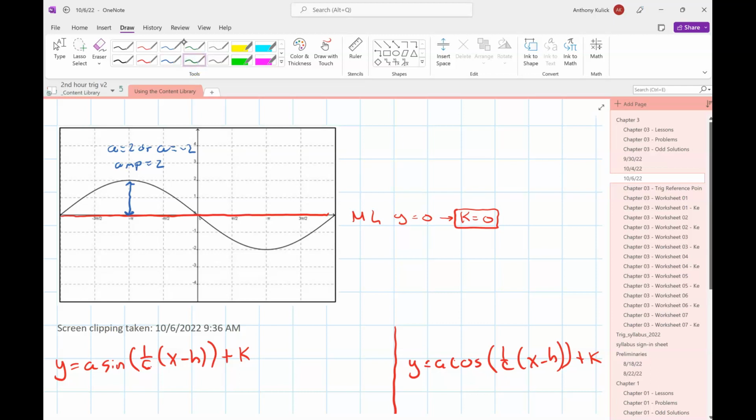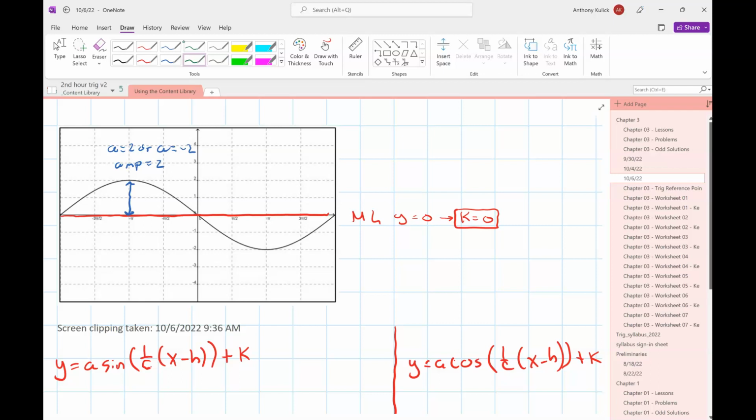Okay. Next thing we'll find is the period. What was the period again? Okay, but in words, what are we looking for in the picture? Yeah, the longest non-repeating segment of my graph. If I look at this, that's the whole picture, right?